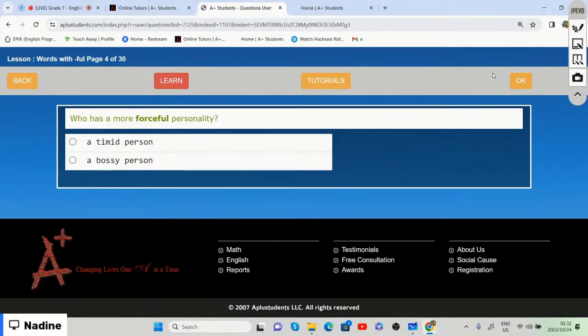And who has a more forceful personality? Is it a timid person or a bossy person that can be more forceful? Their personality is more forceful. They want things their way. Is it a timid person that's quiet?